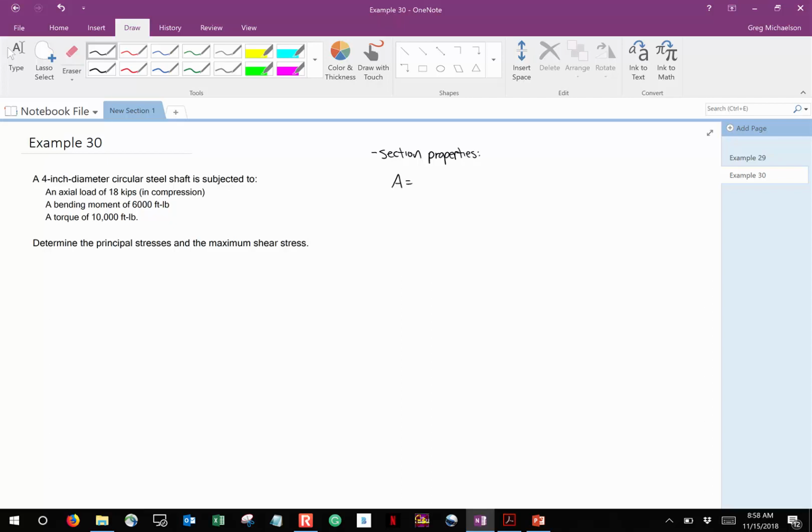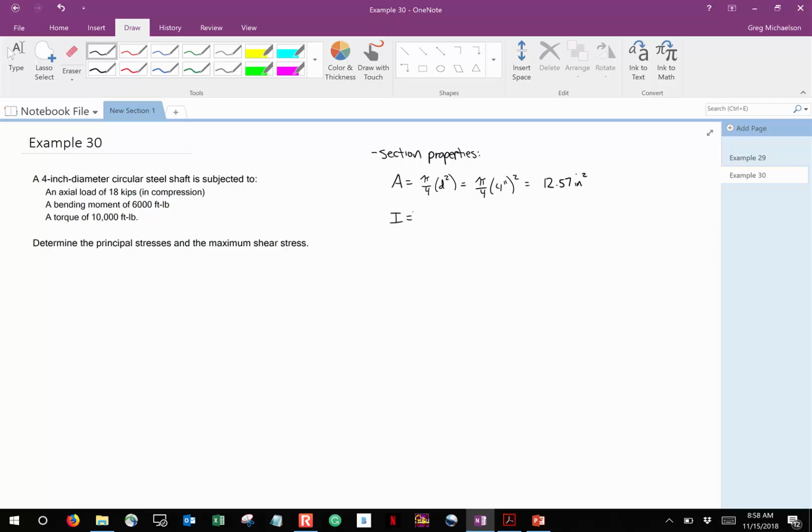Now we have a shaft that has a diameter of 4 inches, so it's circular. So the area is pi over 4 d squared. So pi over 4 times 4 inches squared. Plug and chug, and that ends up being 12.57 inches squared.